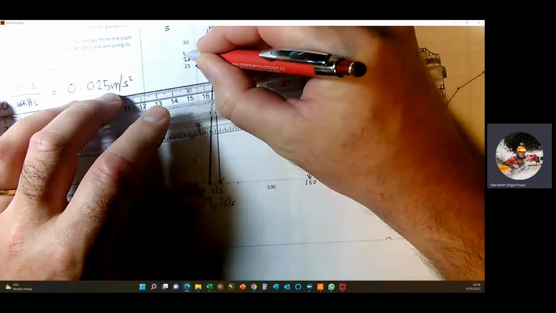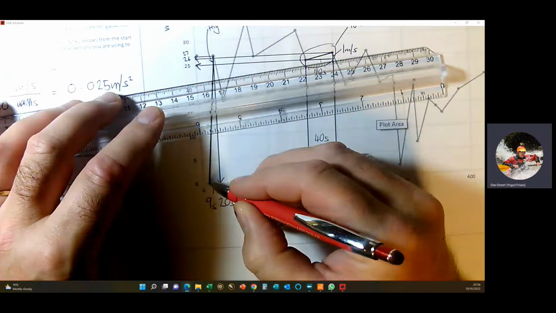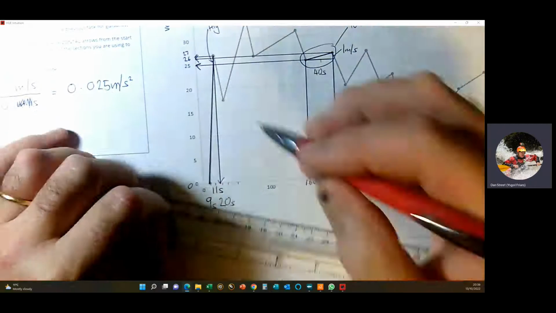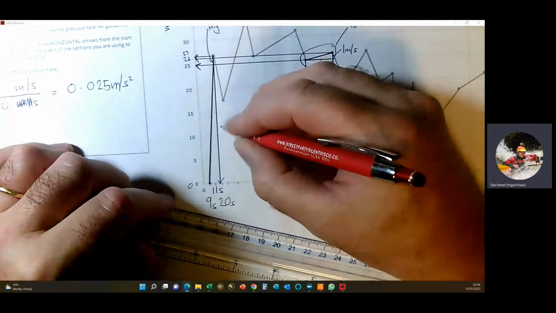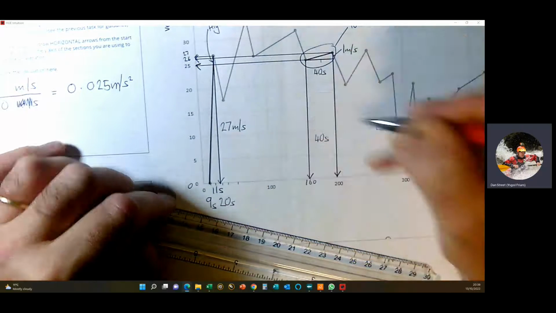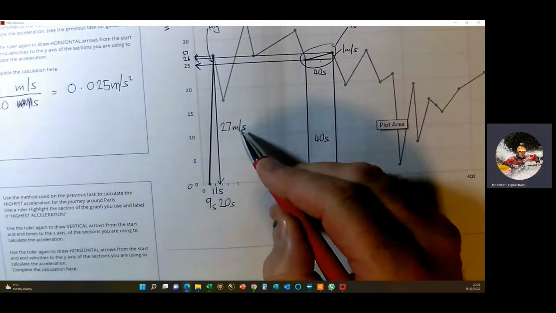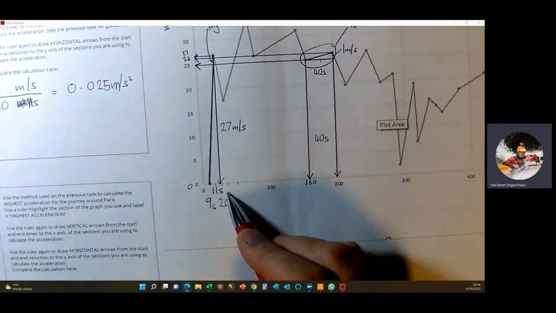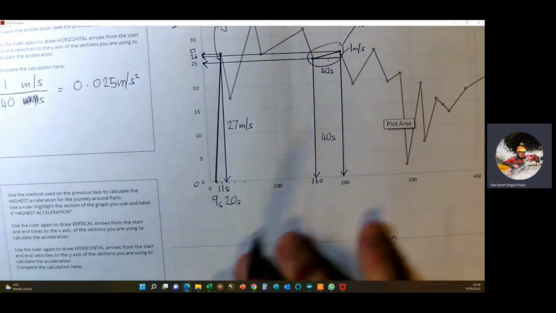We'll call that 27, and he starts off at 0. So of course, 0 to 27 is a change in velocity of 27 meters per second. So again, we need to use these two values, 27 meters per second and 11 seconds, to calculate the acceleration.